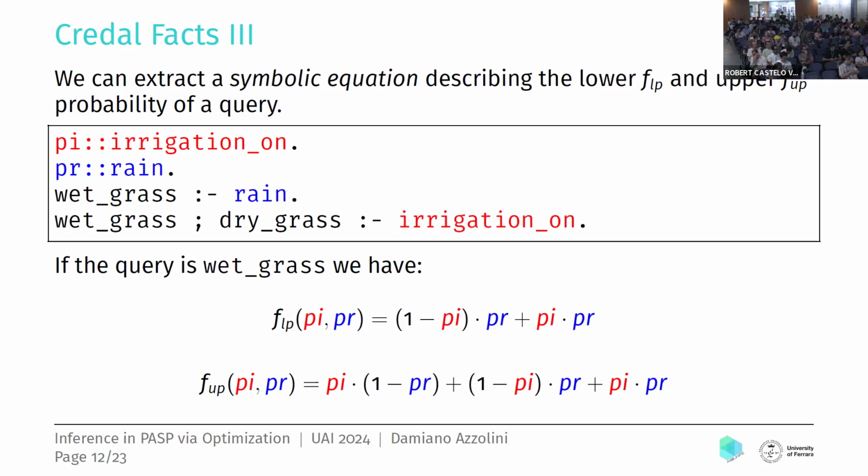I'm not familiar with answer set programming, so it just occurred to me that it's kind of similar. Can you comment on that? Yeah, I don't know the framework you mentioned, so I cannot be much of help. I'm sorry. Thank you.